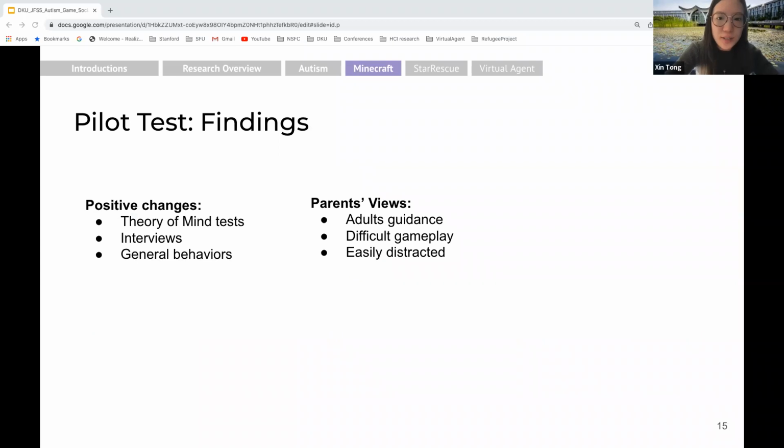What did we find? We observed positive changes from the tests. I'm not going to explain the tests, since it would take too much time, and also from the parent interviews, we learned about their general behaviors. For instance, they talked more frequently offline with the other children because they attend the same special education school.